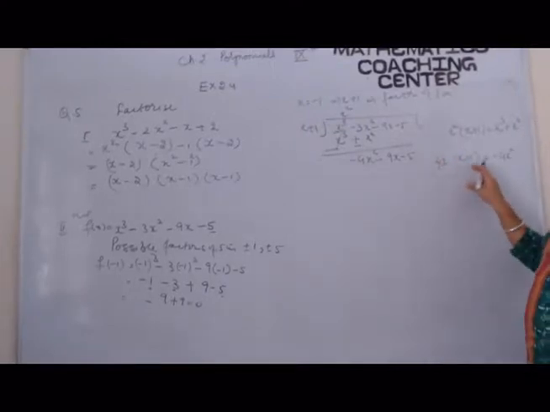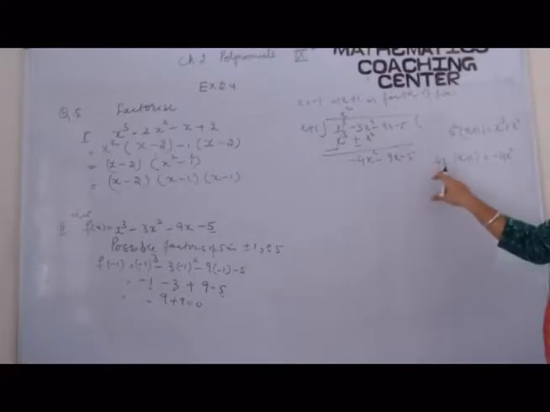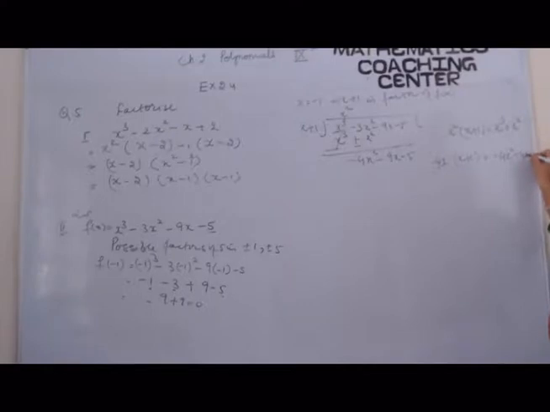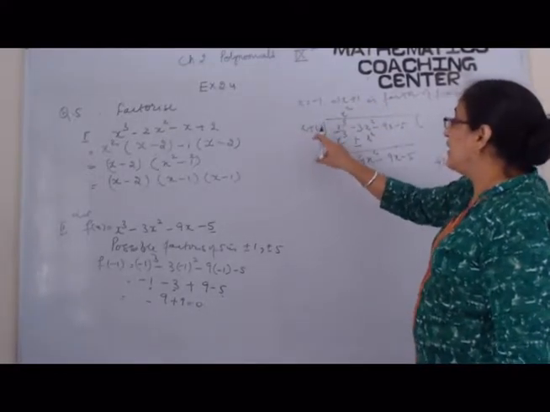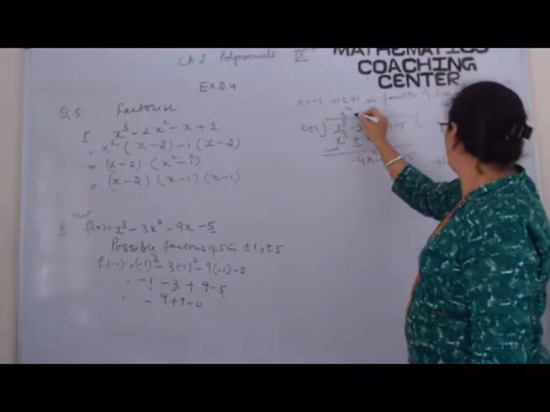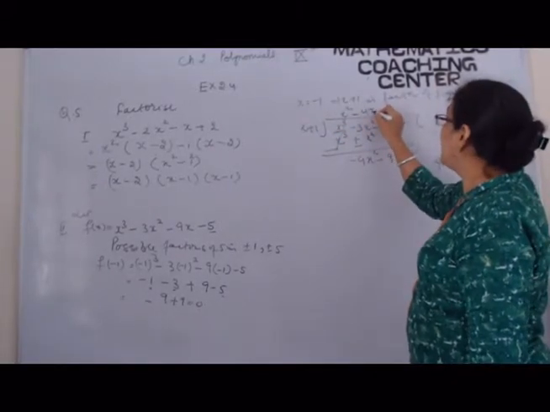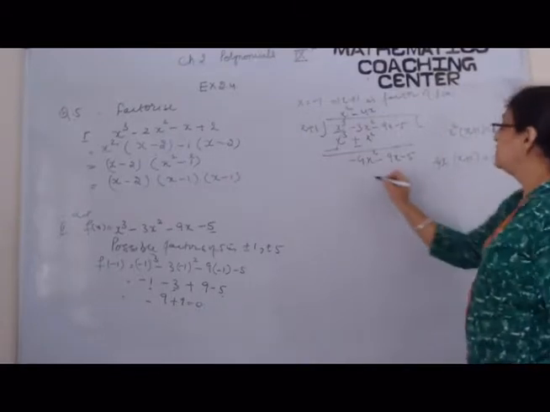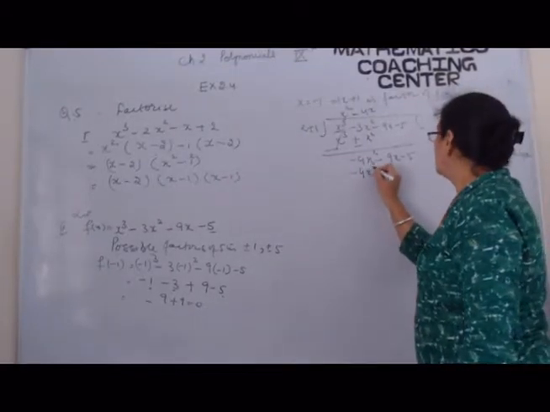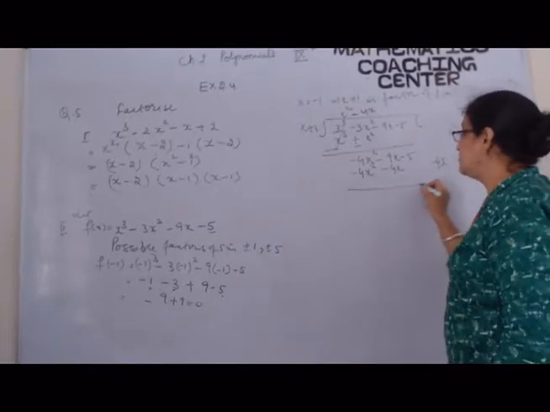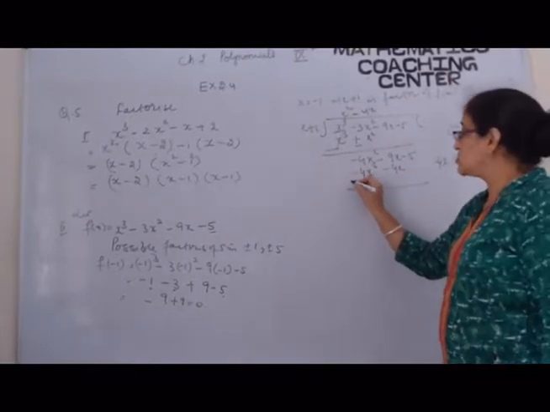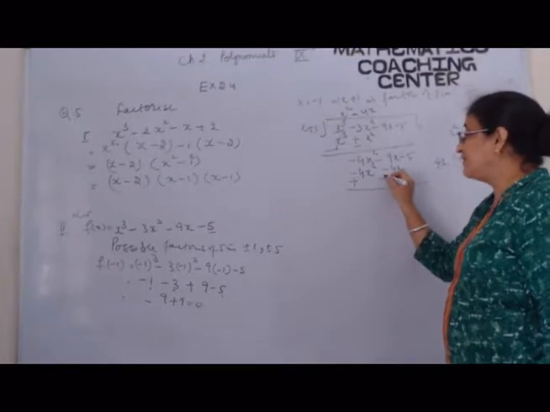Then minus 4x multiplied by x becomes minus 4x square, and minus 4x multiplied by plus 1 becomes minus 4x. So you multiply x plus 1 by minus 4x and get the result minus 4x square minus 4x. Now change the sign. This is minus, this is plus, and here is minus, this is plus.